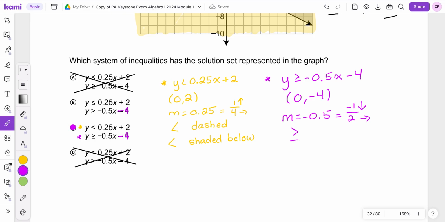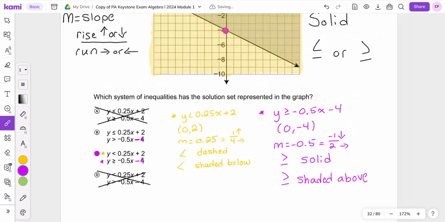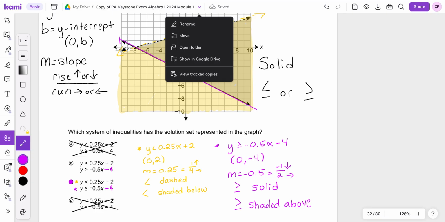Greater than or equal to is a solid line, and greater than or equal to is shaded above. So that was this line right here. Again with arrows because the lines keep going.